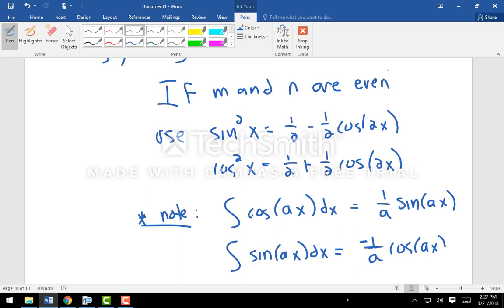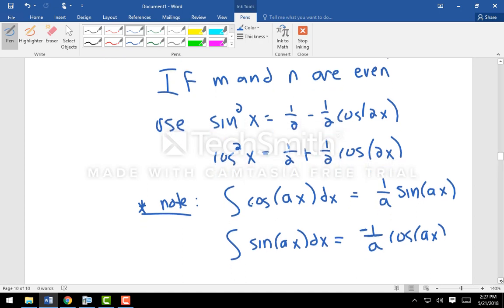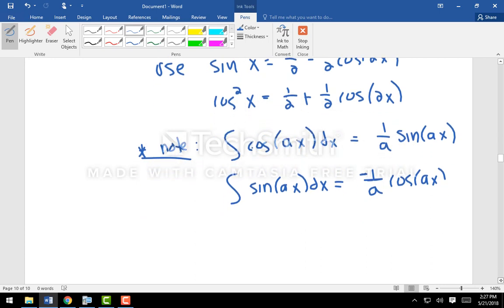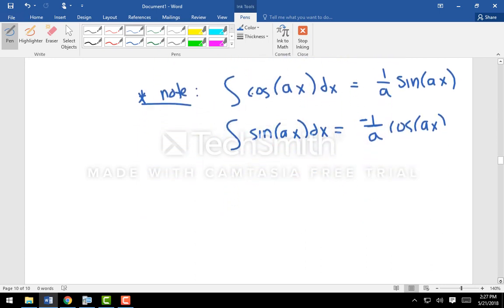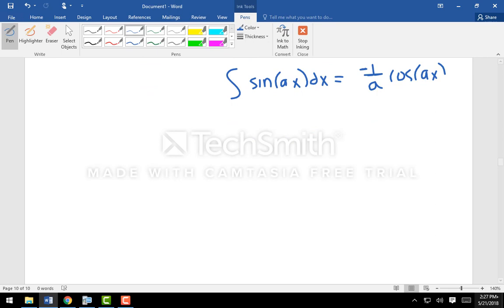So I want to look at a couple more examples for you here. One would be tangents and secants. So let's look at one other example here, a problem that has integrals of tangents and secants.